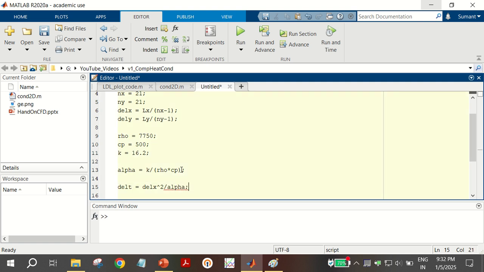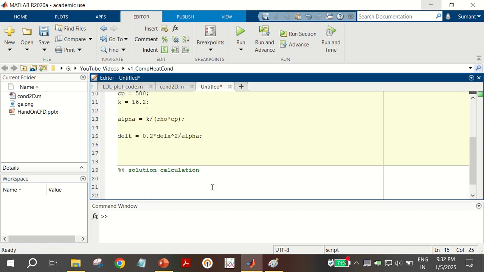So we just have del x square by alpha. You can also take 1 by alpha into del x square plus del y square, whatever. But we usually can just take this and multiply it by 0.2 just for safety, because we might end up with some divergence issues if we put it exactly at del x square by alpha.